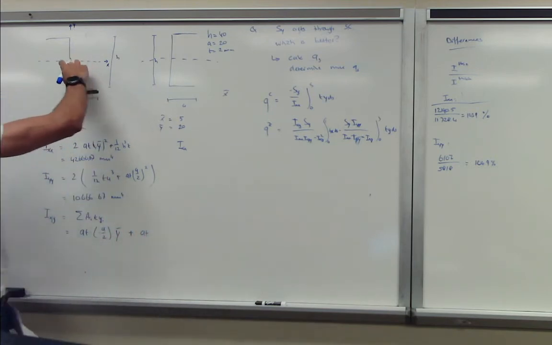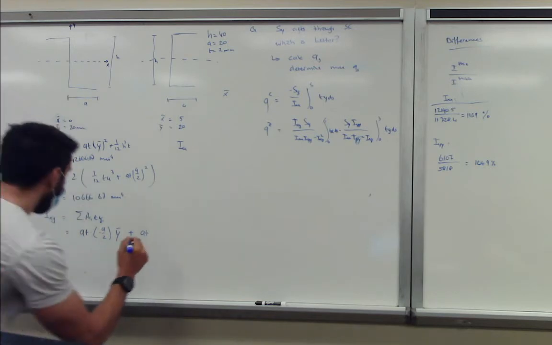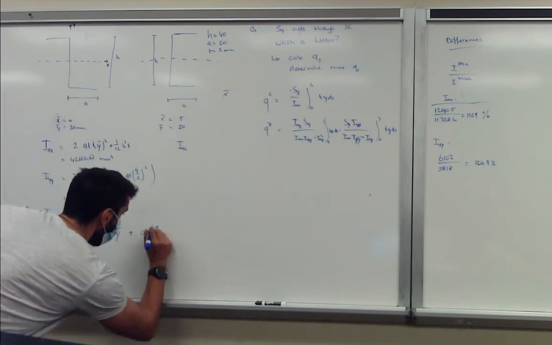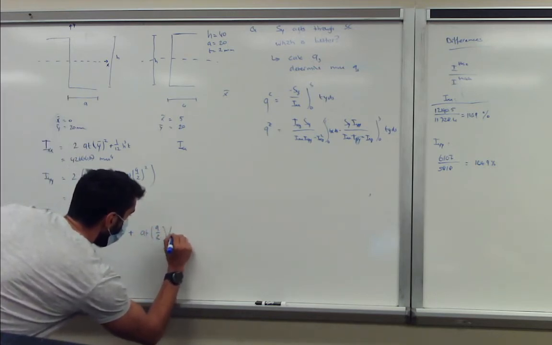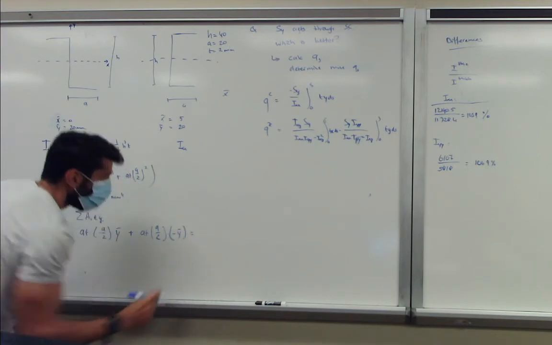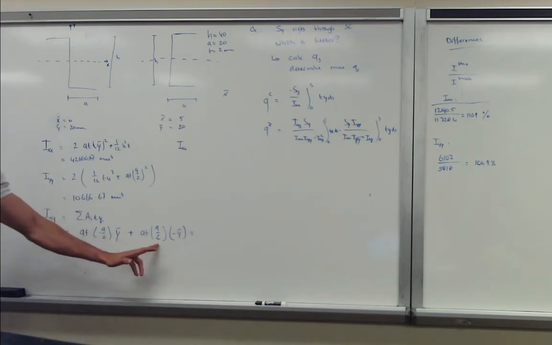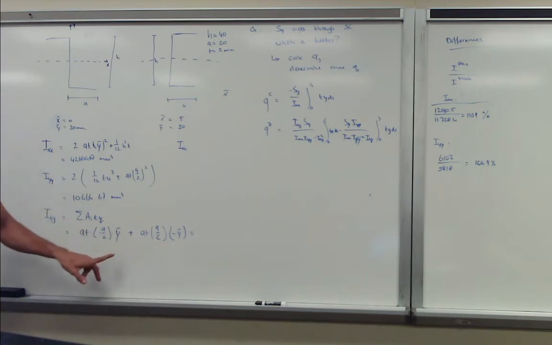And in this case, the Y bar location is negative and the X bar location is positive. So we get A over 2 multiplied by minus Y bar. So now you have negative multiplied by positive is a negative number, plus negative multiplied by positive, so this is a negative number. So basically they don't cancel each other out.